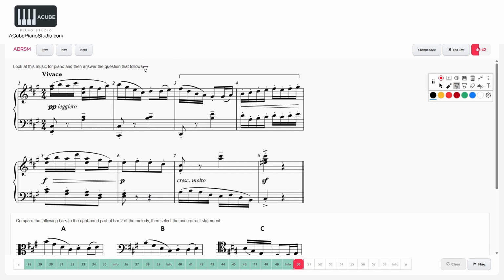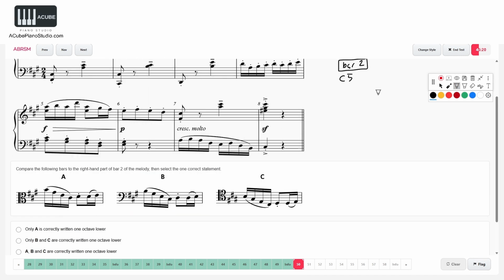So this is bar 2, right? So this is C4, which is middle C, this is C5, which is one octave higher than middle C, and this is C6, which is 2 octaves higher than middle C, and this B here is in between C5 and C6. And since it's bar 2, I'll just write it as bar 2.